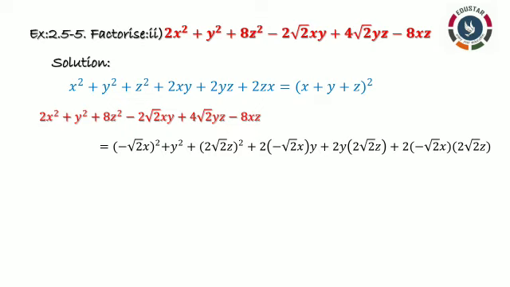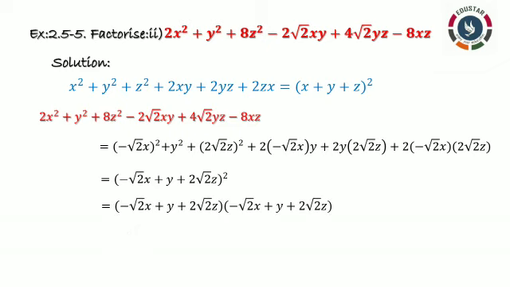So what is your x value? Minus root 2x, and y value is y, and z value is 2 root 2z. So our next step is minus root 2x plus y plus 2 root 2z the whole square, which in turn can be written as minus root 2x plus y plus 2 root 2z into minus root 2x plus y plus 2 root 2z. We have factorized the given algebraic expression.